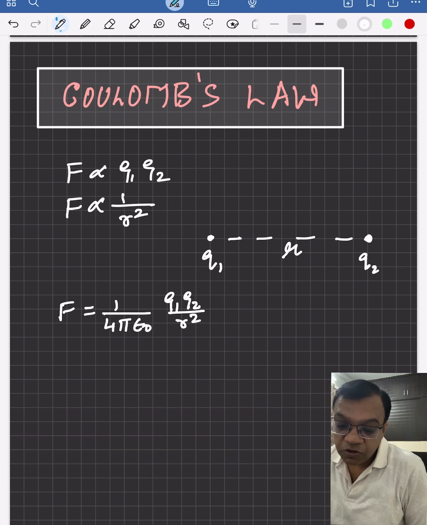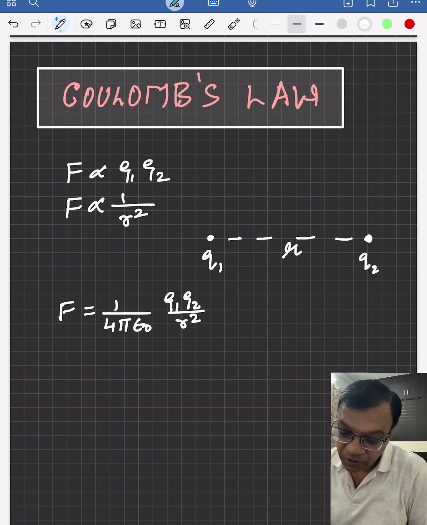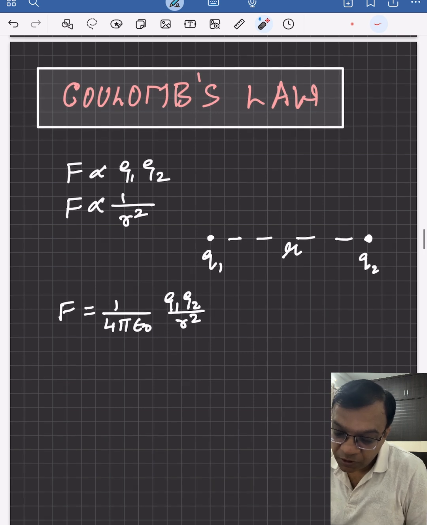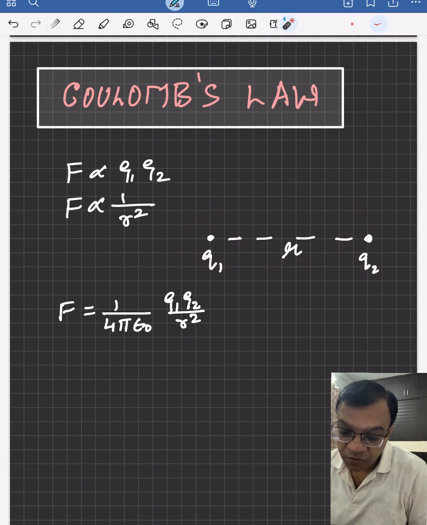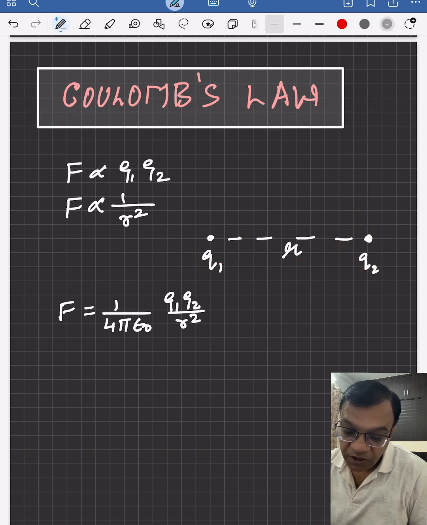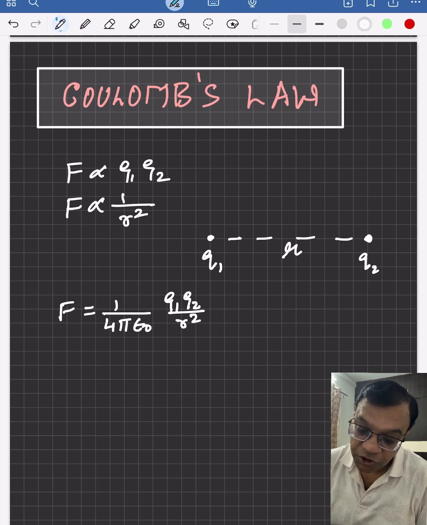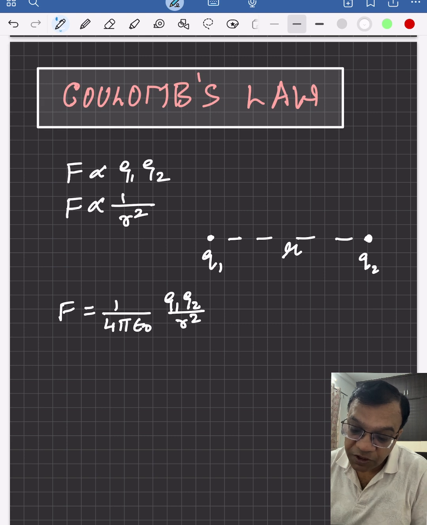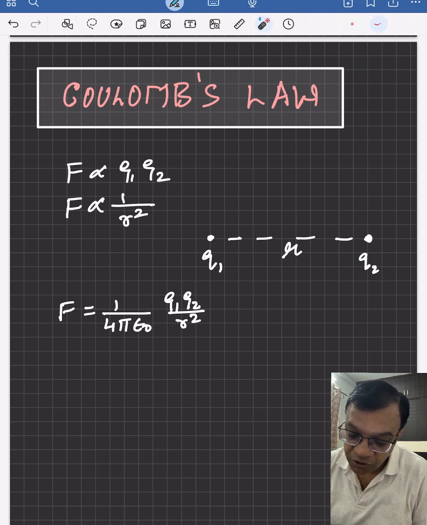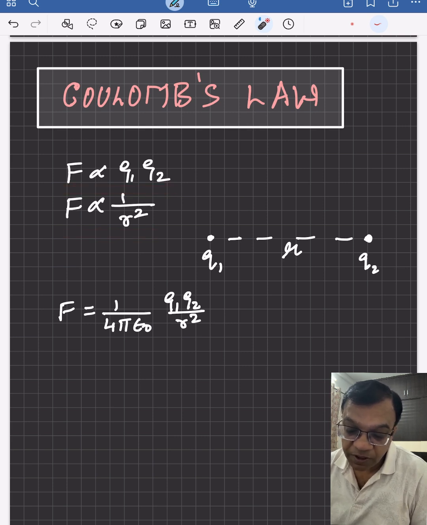According to Coulomb's law, when two point charges, say Q1 and Q2, are placed at some distance r apart in vacuum, then they will attract or repel each other with a force which is proportional to the product of the charges and inversely proportional to the square of the distance between them.